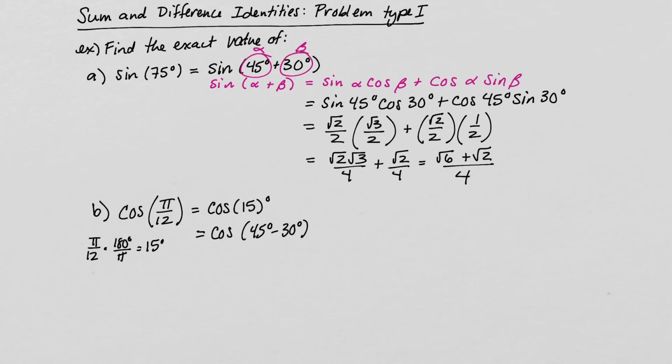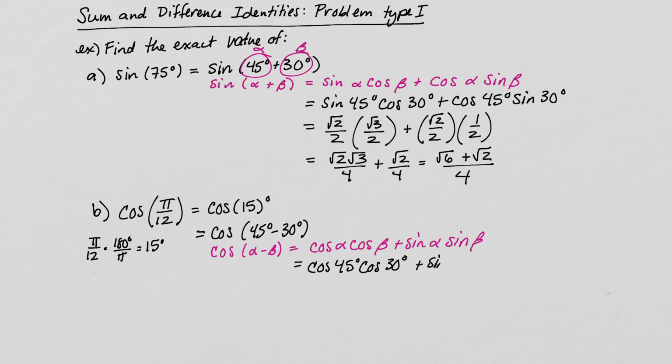And so now we're going to apply the identity that the cosine of alpha minus beta is equal to cosine alpha cosine beta plus sine alpha sine beta. So in this case, we're looking at the cosine of 45 degrees, the cosine of 30 degrees, plus the sine of 45 degrees, sine of 30 degrees.